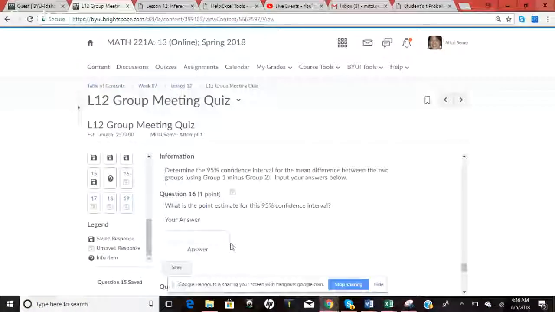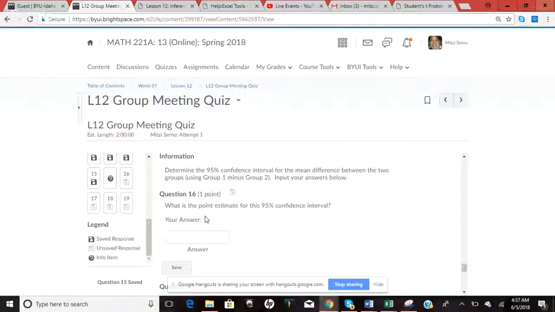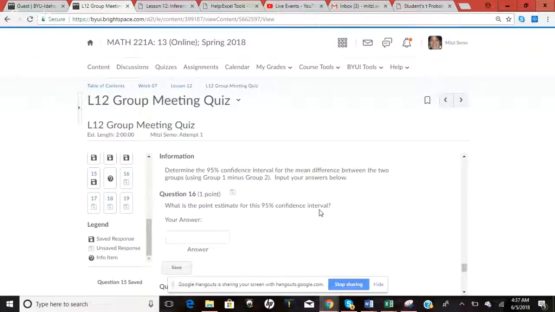Let me look back up. I was just looking at the mean difference on the Excel thing. What number are you on? I was on 16. Yeah, 16. Above that information, use it to determine the interval for the mean difference. So I just looked at the mean and did the differences, but I don't know if we use that. What is a point estimate for this time? I see what you're saying.